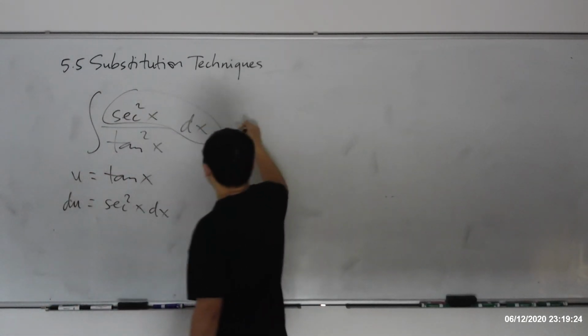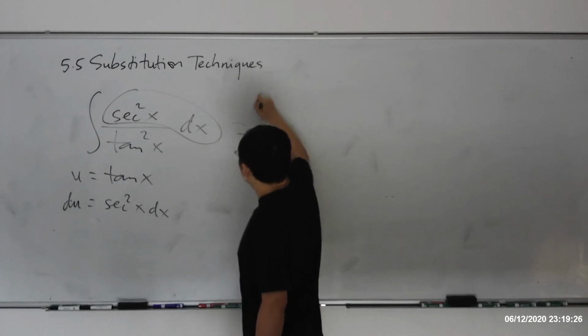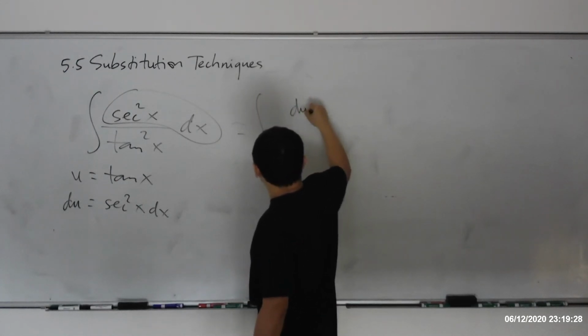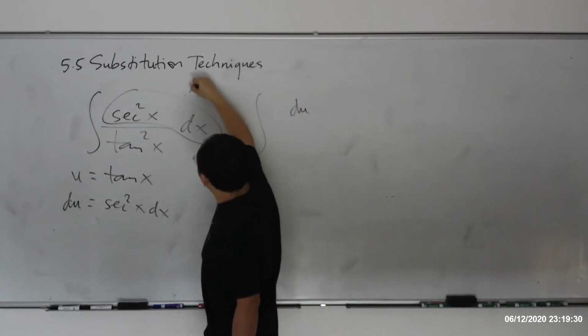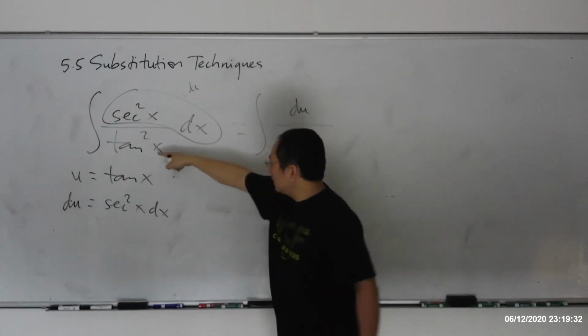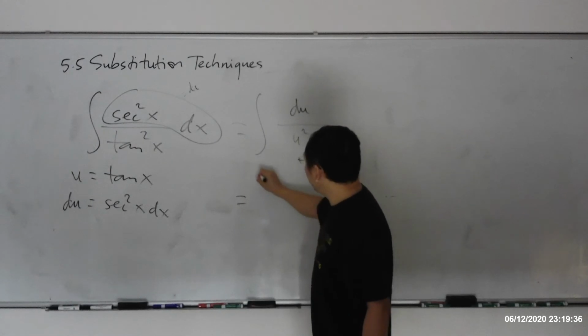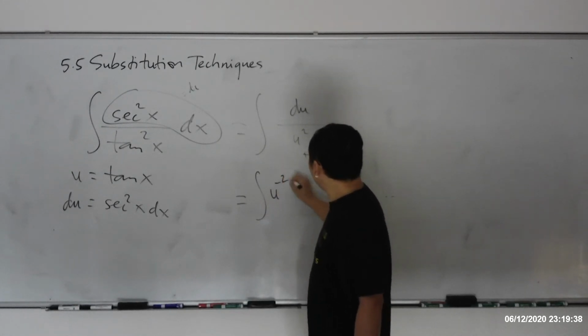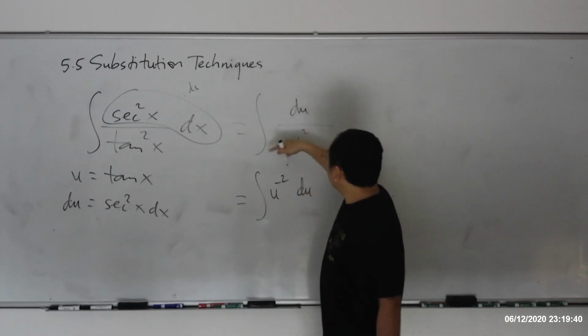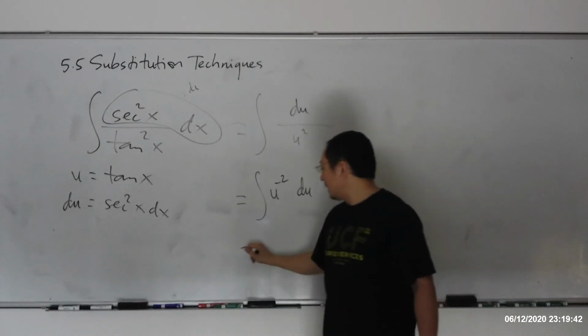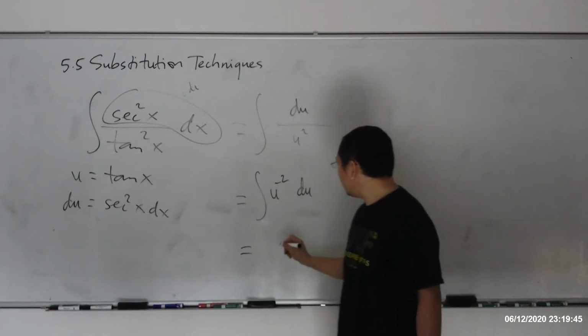So this problem becomes the integral with du on top, right? This is du, and over tangent squared is u squared. So this is the same thing as the integral of u to the -2 du, because 1 over u squared is u to the -2. Now I can use the power rule one more time.